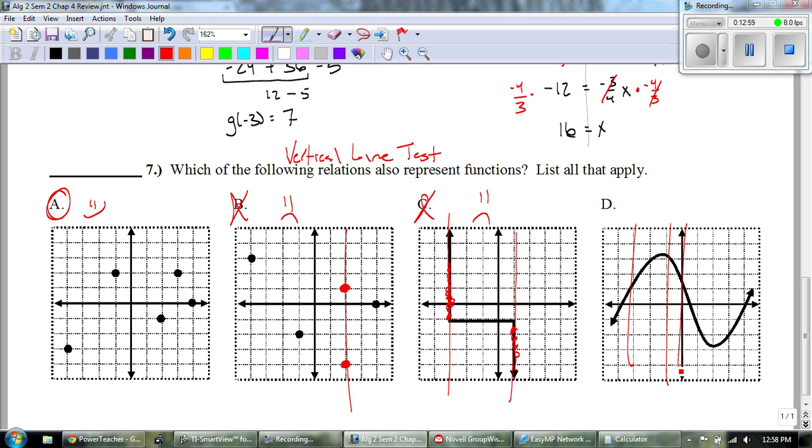Just start trying to draw lines, and I'm trying to find a spot where there's more than one point on top of each other, and I don't see any, so yay, that works. So A and D, those relations are also functions, okay?